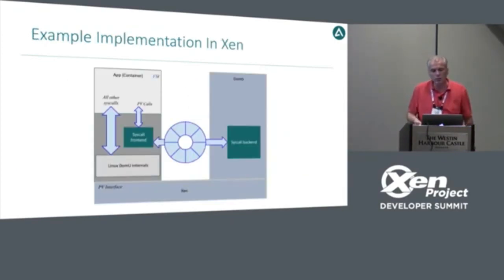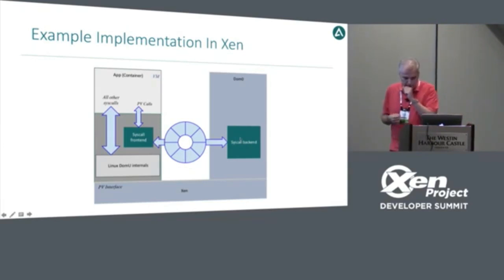So how would that work in a Xen environment? In a Xen environment, it's a pretty simple architecture that we chose to implement. We use the standard front-end, back-end driver implementation to allow the majority of the system calls to be processed by the guest kernel, and very specific system calls are proxied directly to the backend and implemented directly in Dom0. What do we mean by that? I will explain in a little more detail.